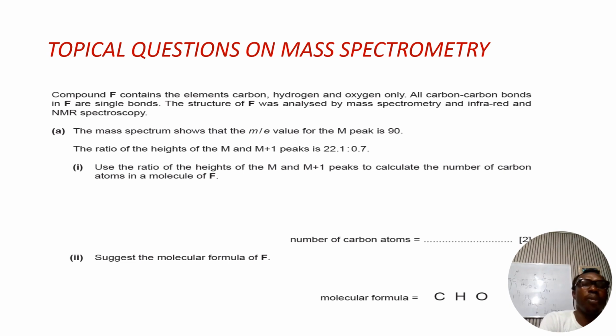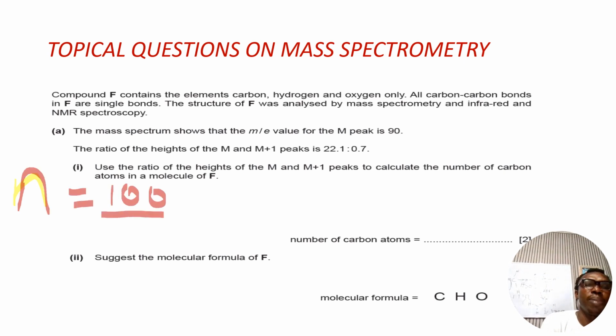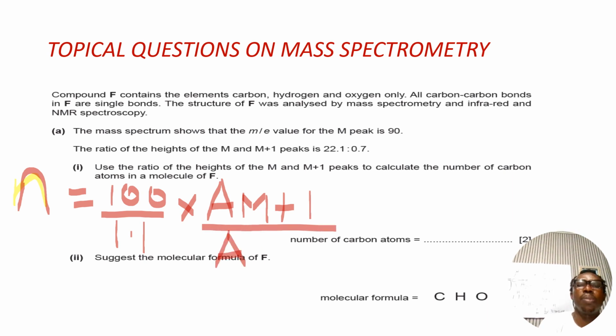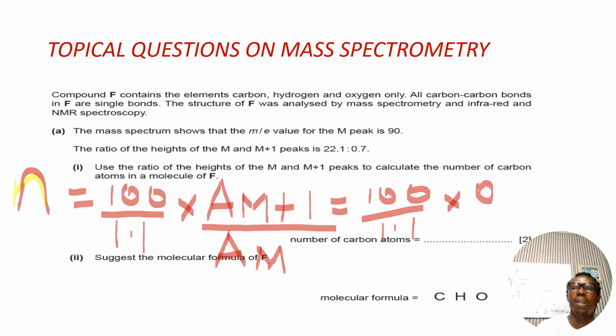The number of carbon atoms N is equal to 100 divided by 1.1 times the abundance of the molecular ion plus 1 divided by the abundance of the molecular ion. So it will now be equal to 100 divided by 1.1 times 0.7 divided by 22.1.